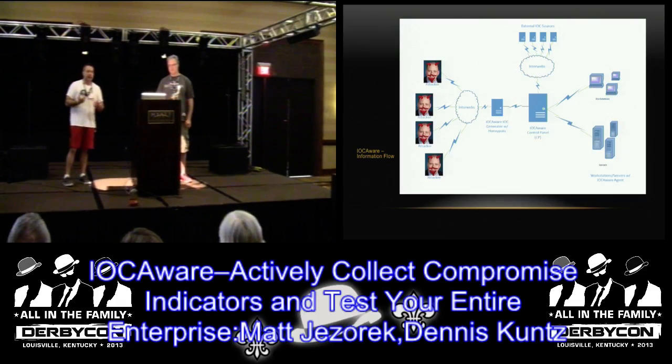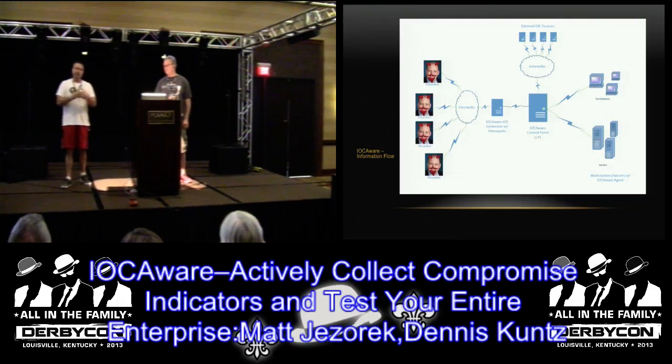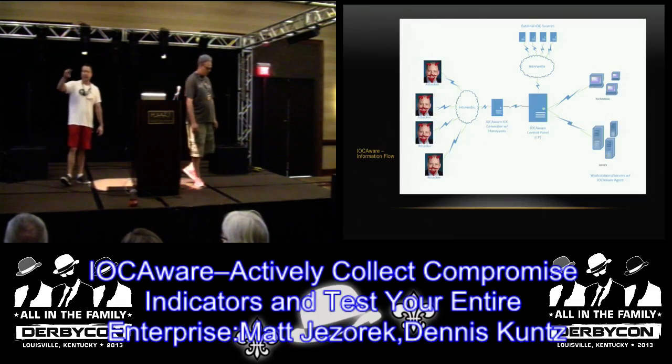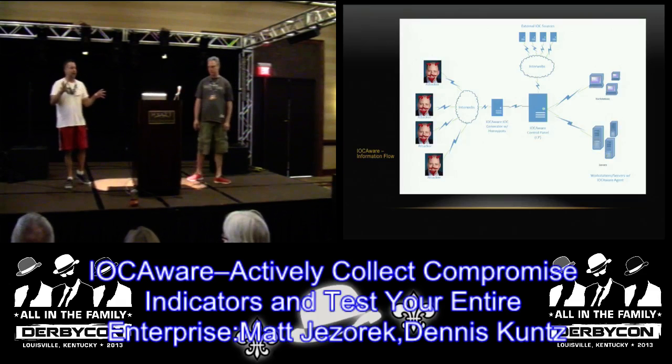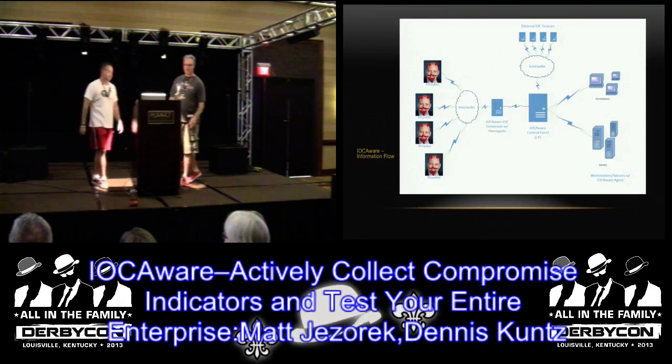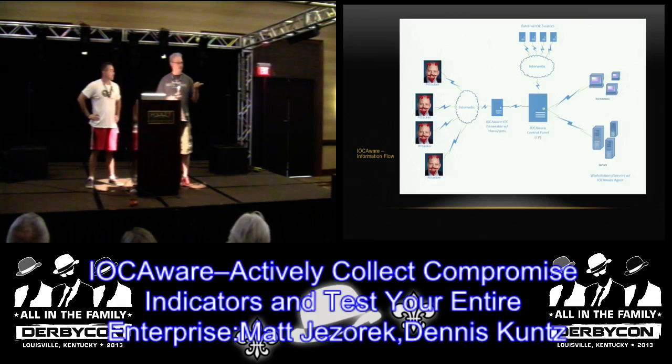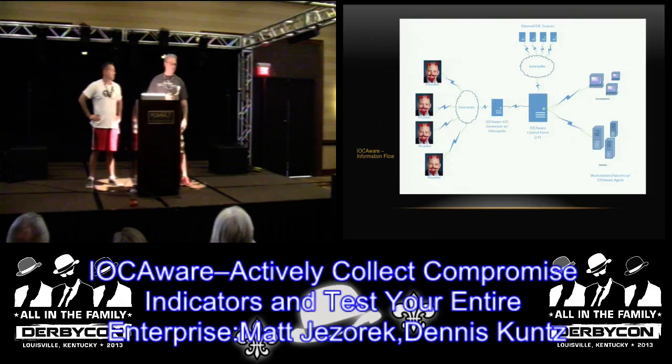I know Mandiant has a blog where they're publishing IOCs, and you can bring them in from there as well. And then there's the agent piece that goes out to the enterprise and talks back to the control. And these honeypots, we touched on them before, but they don't have to be low interaction. They could be client-side stuff, let's say you have something that you think is malicious, you can just throw a client-side honeypot at it, get an IOC, and make sure it hasn't touched anywhere else.